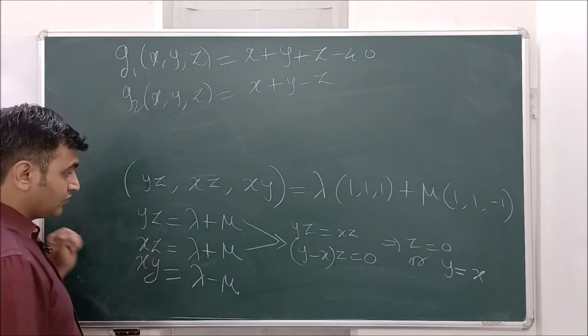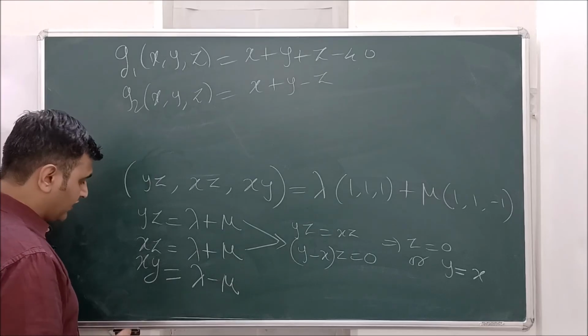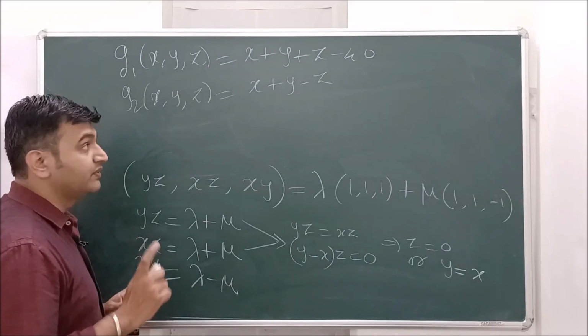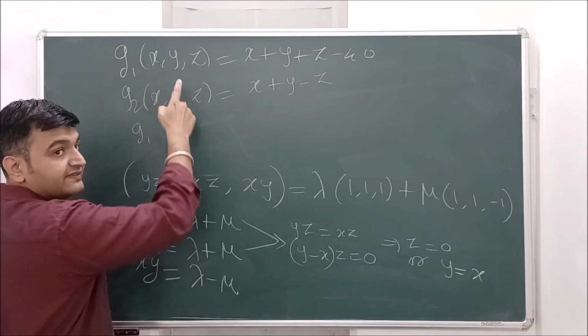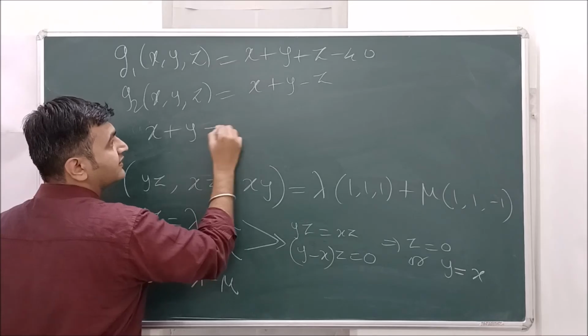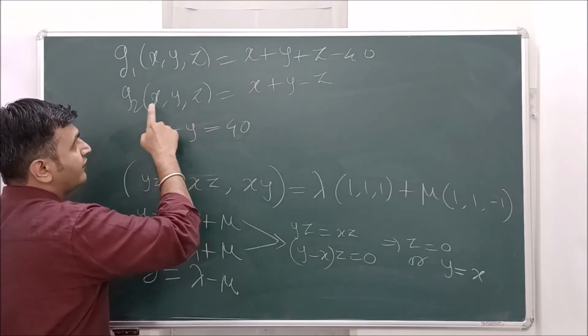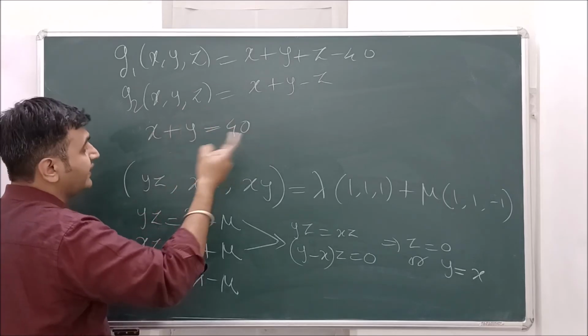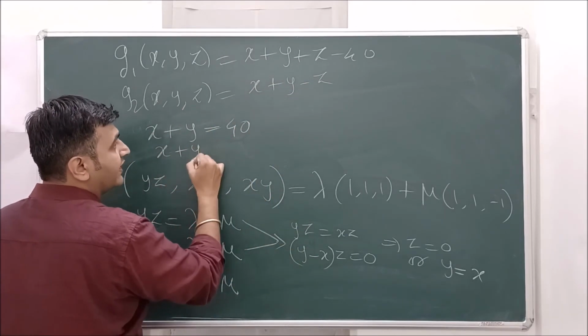Okay, that's one thing. Now is z equal to 0 possible? No. Why? Because when I put z equal to 0, x plus y is equal to 40 from g1, and g2 equal to 0 means x plus y equal to 0.